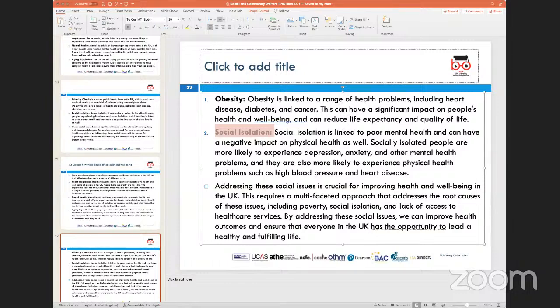health inequalities would be any sort of unfair and avoidable differences in health that are present across the population in an area and within different groups within society. So these could be in terms of how people live, what kind of healthcare conditions they may experience, and what care is then provided to them in a particular area.